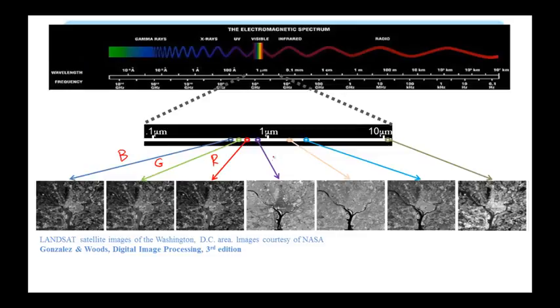I then have a near IR frequency band, 2 middle IR bands, and finally a thermal IR band. Each of them provides useful information about the area that is being imaged. Some of them can discriminate vegetation better, others moisture, other minerals, and so on.